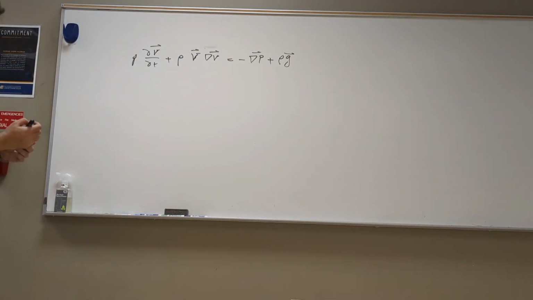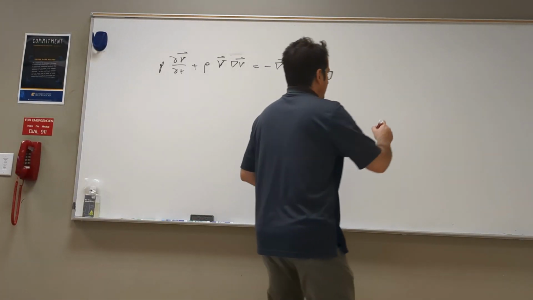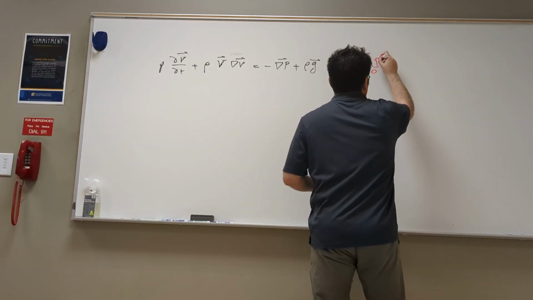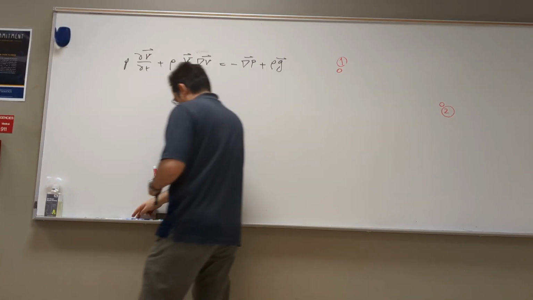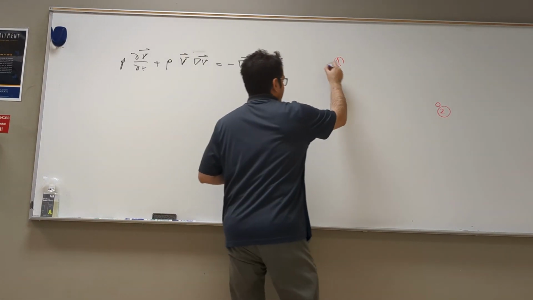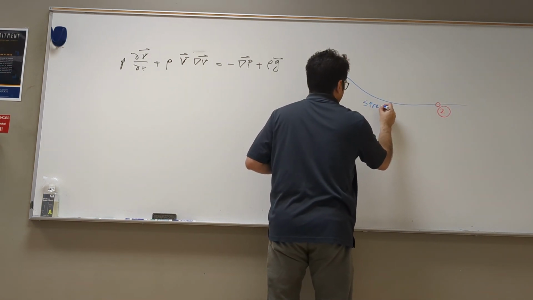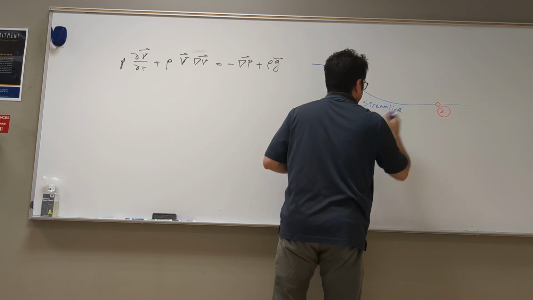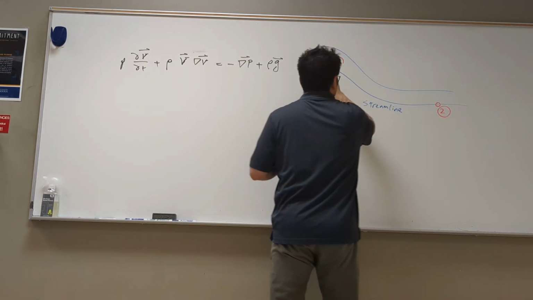So last class we did that, and then we also said if this is a flow between points 1 and 2, there is a streamline that passes through these two points. Of course there are a lot of different streamlines.